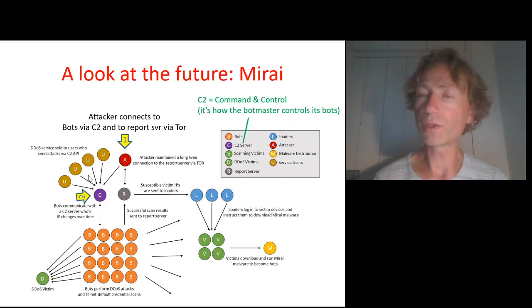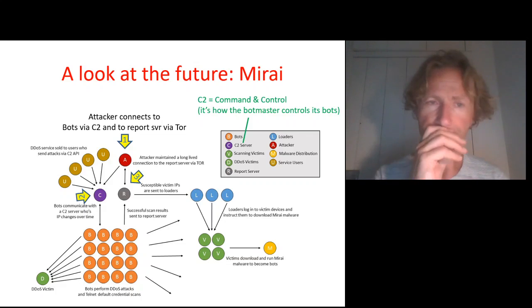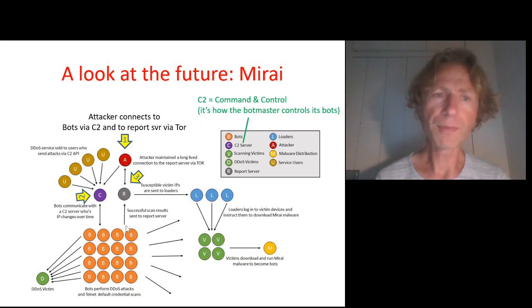The command and control server has to be protected, so it would change its IP address over time. So it would move around to make it harder for people to take it down. Okay. Moreover, the reporter service would then report on how successful the attack has been.